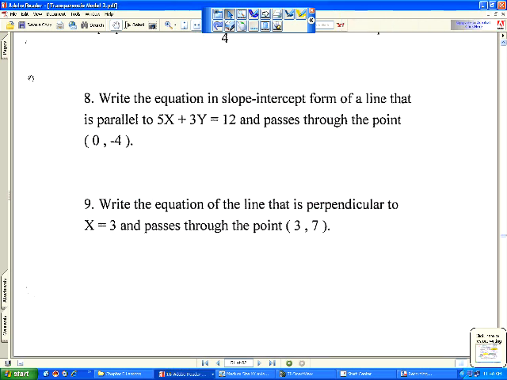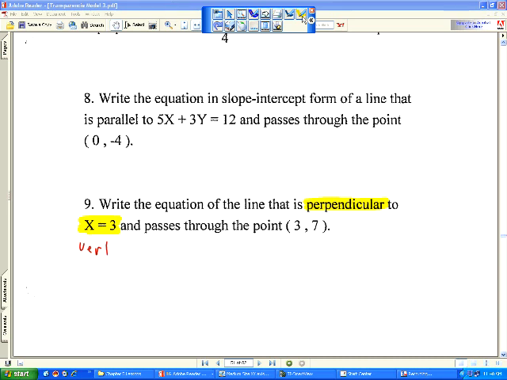Number 9. It says the equation of the line that is perpendicular to x equals 3 and passes through the point (3, 7). Now we're talking about perpendicular to x equals 3. First of all, what kind of a line is x equals 3?